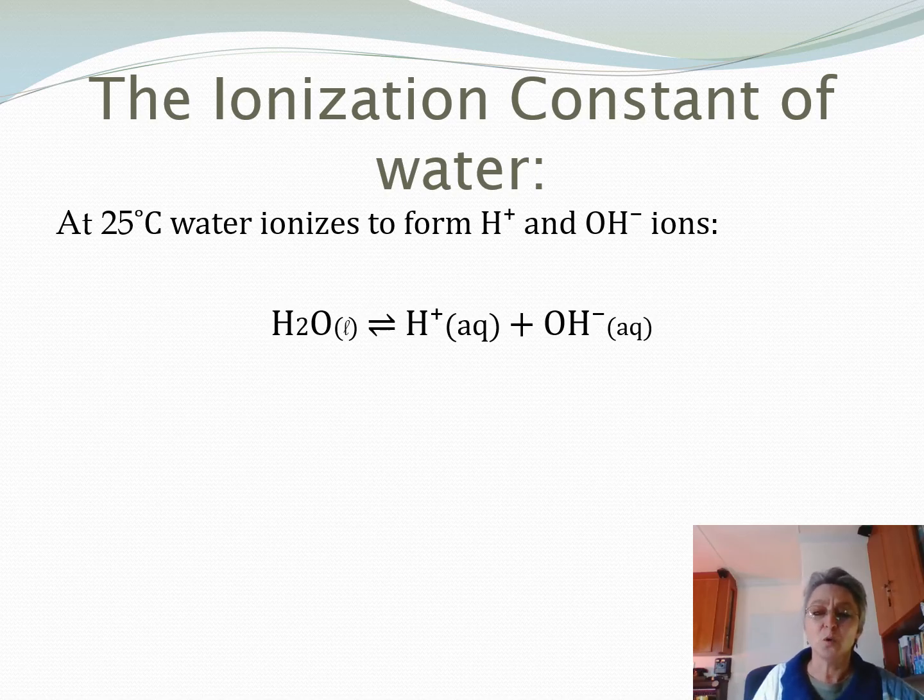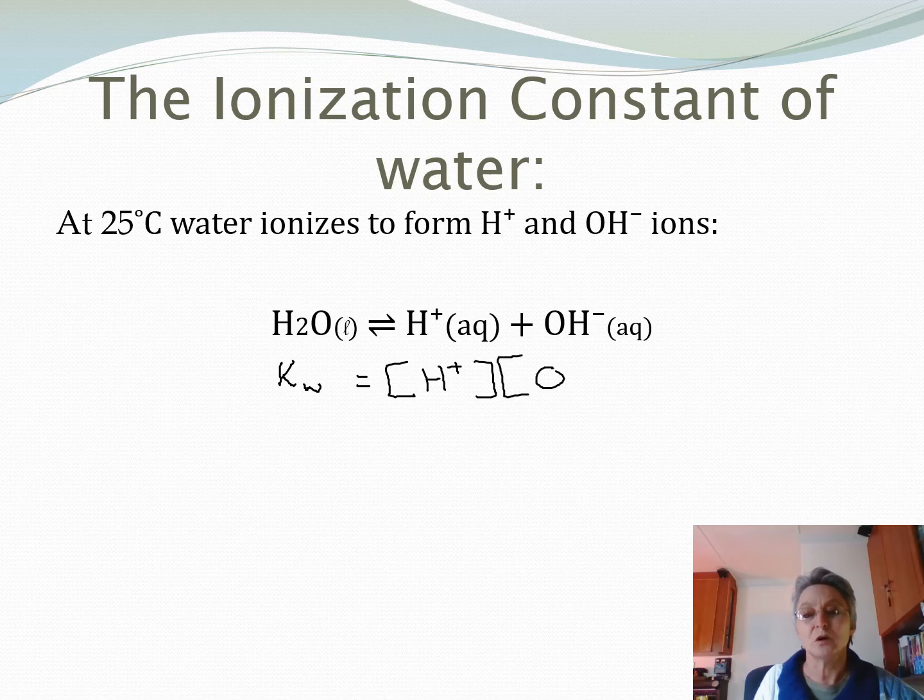But it's not called Kc anymore, it's Kw. So Kw would be the concentration of the hydrogen ion times the concentration of the hydroxide ion. And this value is actually very, very small. It is 10 to the power negative 14.